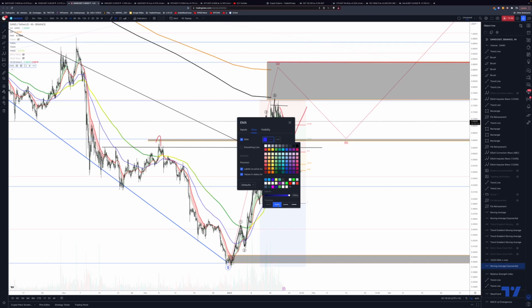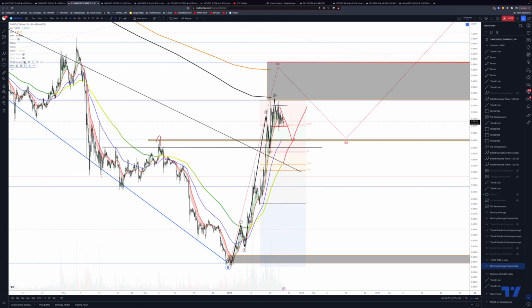Actually keep it thin. Should be right. I'd like to make it dotted. Maybe that might help. No. Keep the line. So we can get rid of this one here.